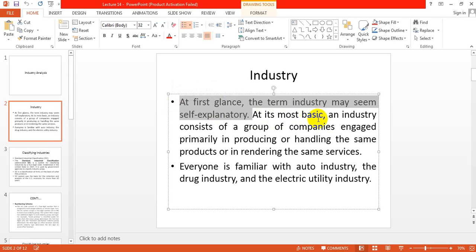At its most basic, an industry consists of a group of companies. Industry is basically a group of companies engaged primarily in producing or handling the same products or rendering the same services.